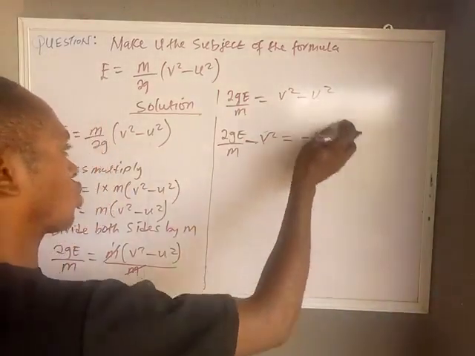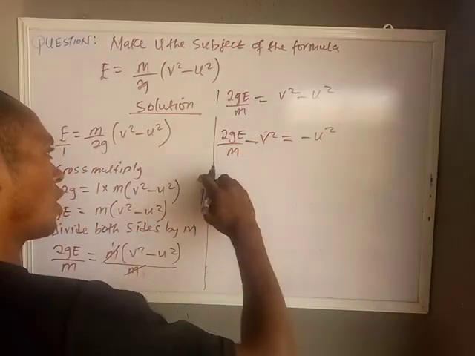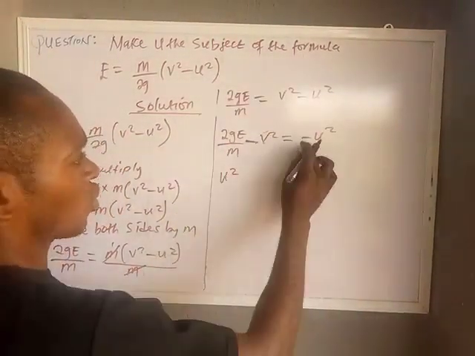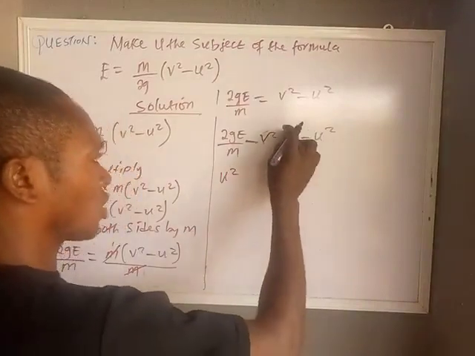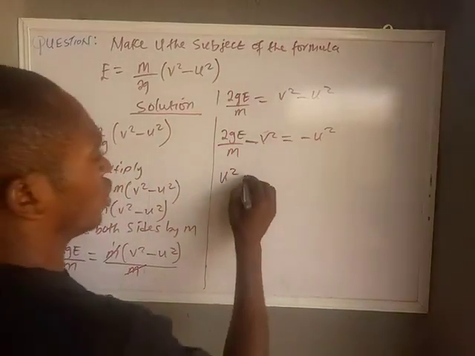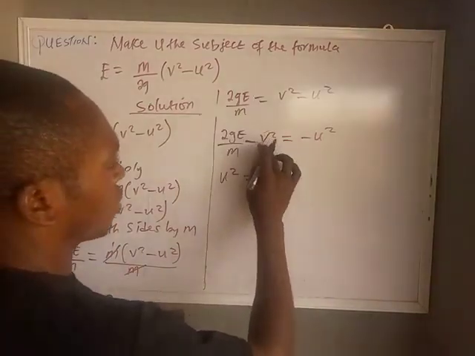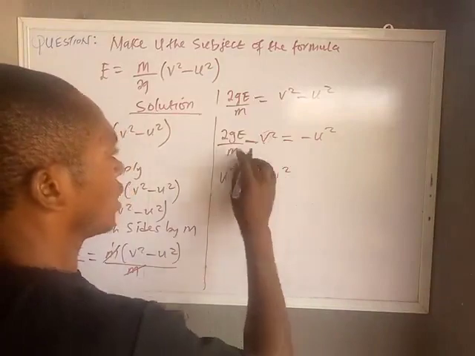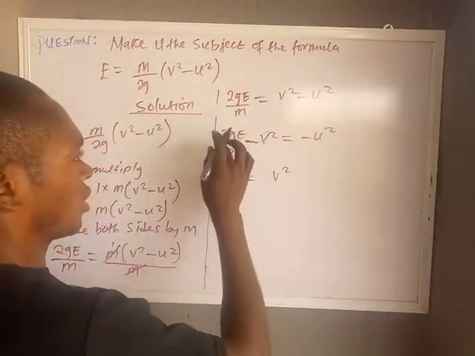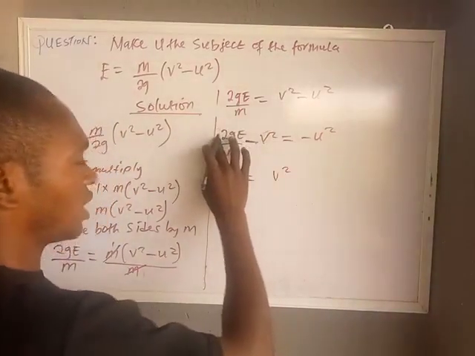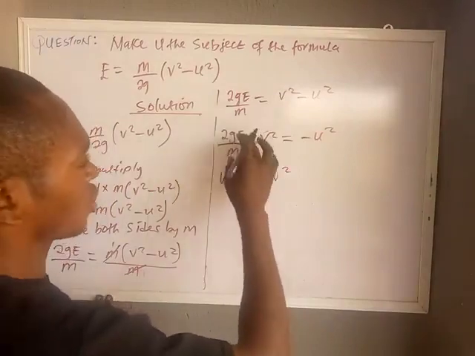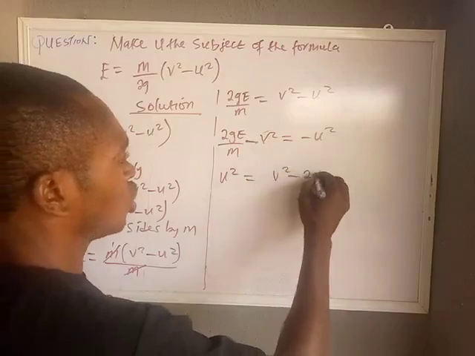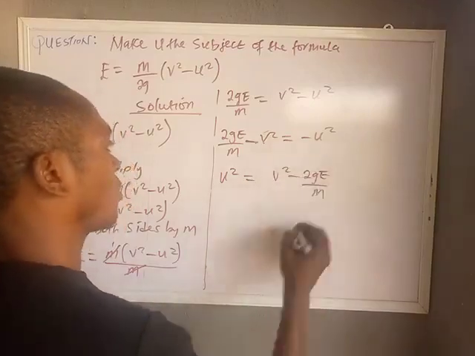When we take minus u squared to this side, it becomes u squared, no longer minus, because the minus sign crosses and becomes a plus, equals, we'll take this with minus first, so minus v squared crosses and becomes v squared. Then this, there's a plus here, a term written without a sign is a plus term, so we're taking this to this side, and it becomes minus 2ge over m.